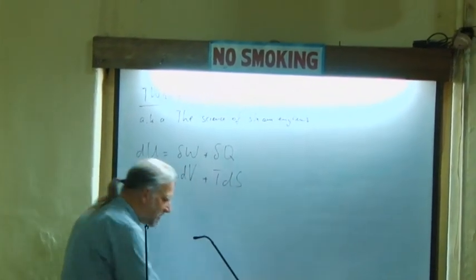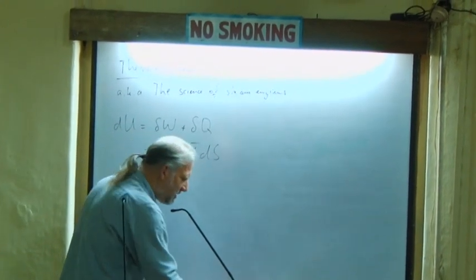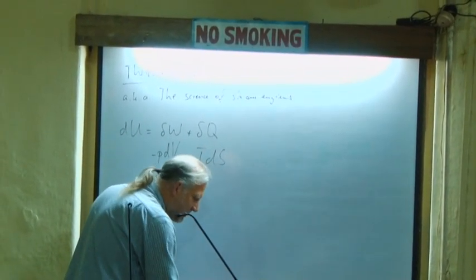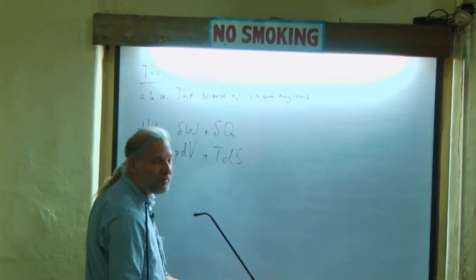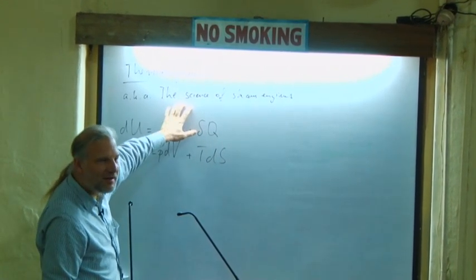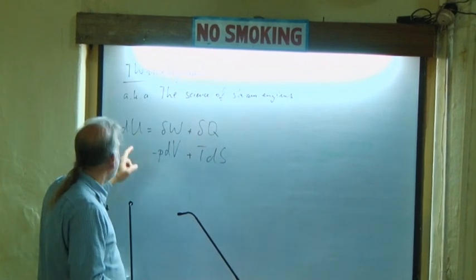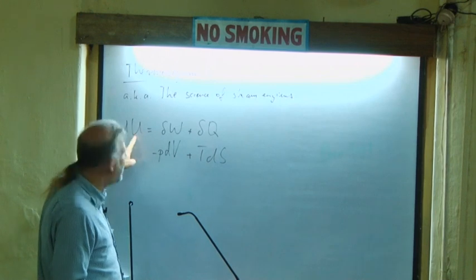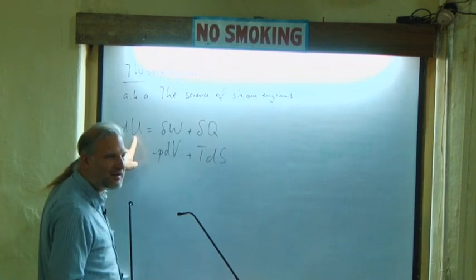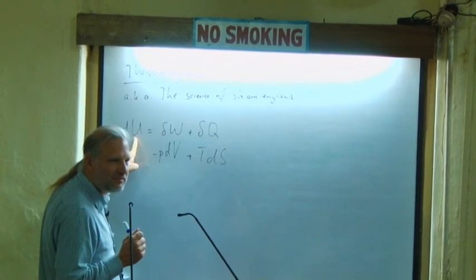Now I just, as a little preview, want to say that there's actually one thing that is missing here that is never taught in the basic thermodynamics courses, and that's again because it's the science of steam engines. Because in a steam engine you work with a gas enclosed in a vessel, but there is a third way you can change the internal energy of a gas, that is by adding or removing matter. Okay?